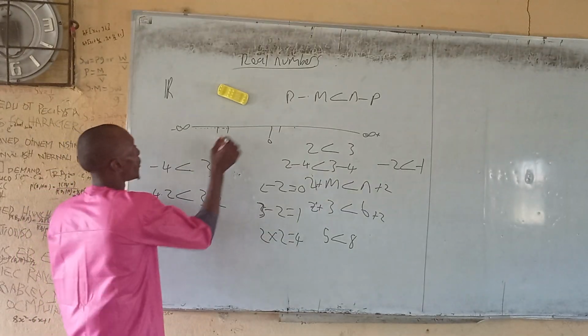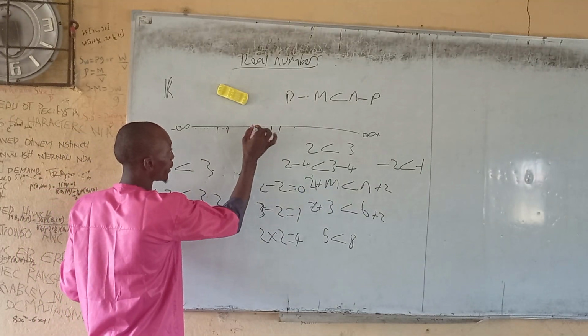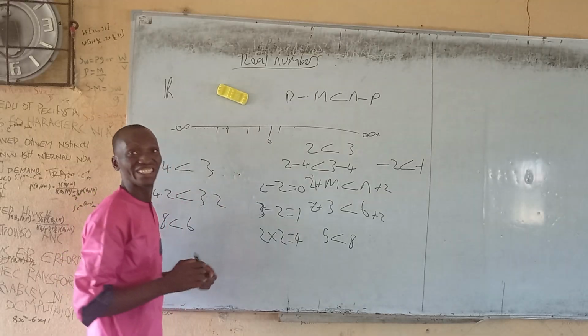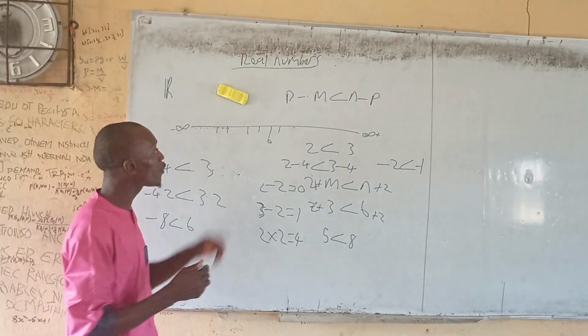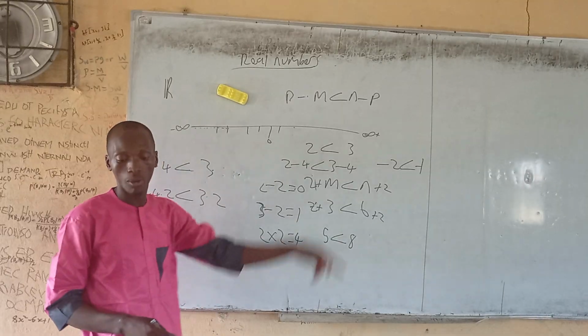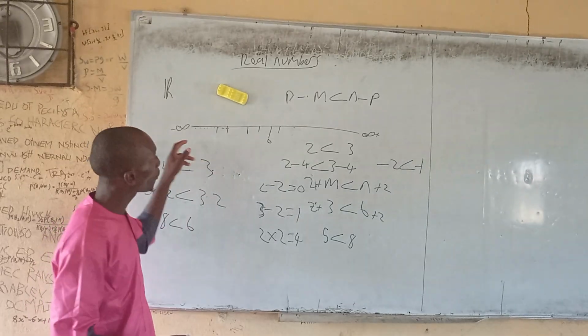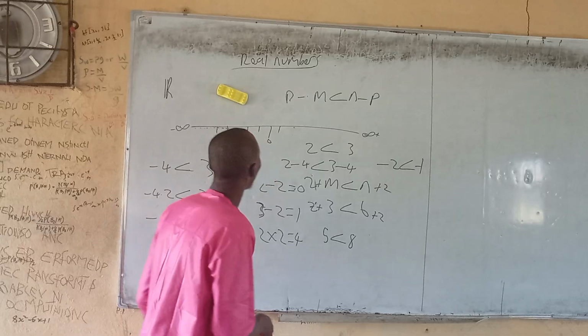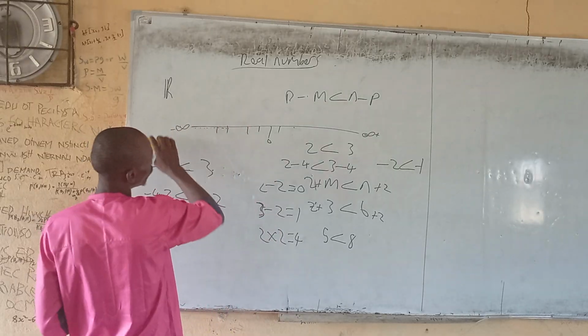No single gap from here to here. It is continuous. At every point of the line there is a number on it. At every point there is no hole on it.